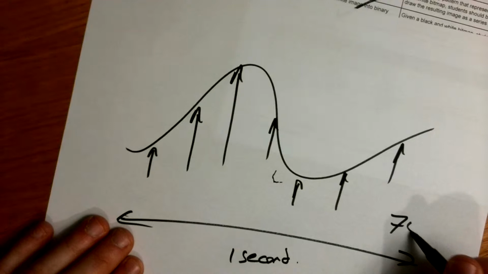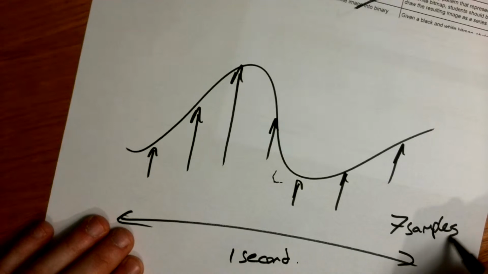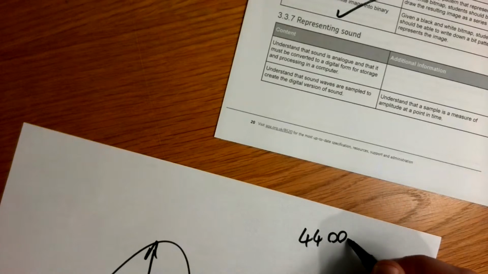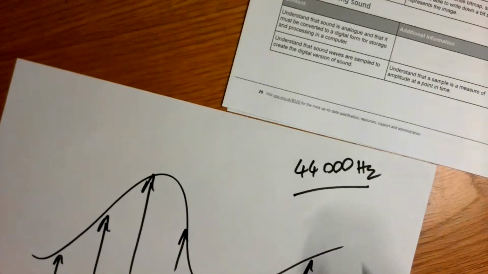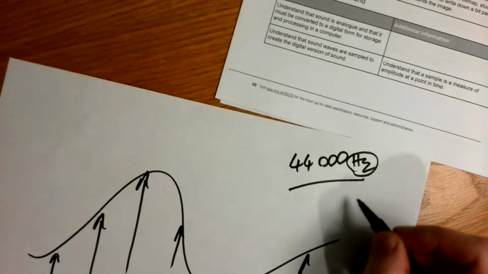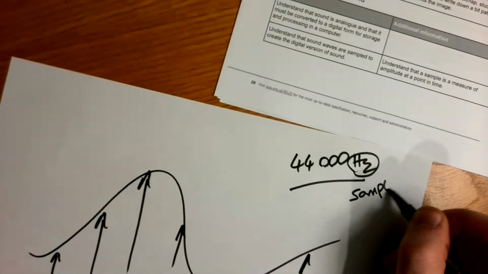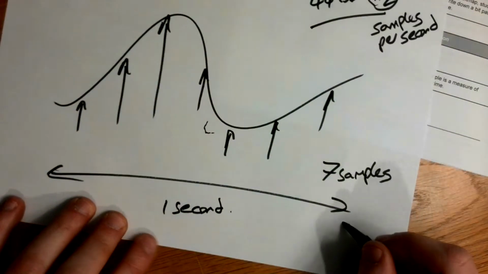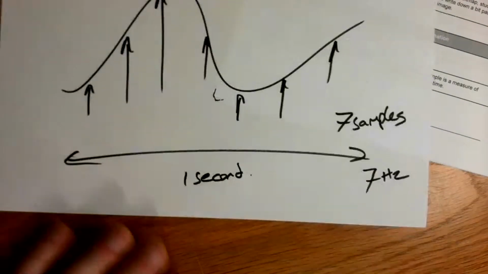We're taking 7 samples, which actually isn't very many, because we usually work in something like 44,000 samples per second. So hertz here stands for samples per second. And that's what we'll need in our calculation a bit later. So actually, in my example here, I have 7 hertz. I'm taking 7 samples per second.